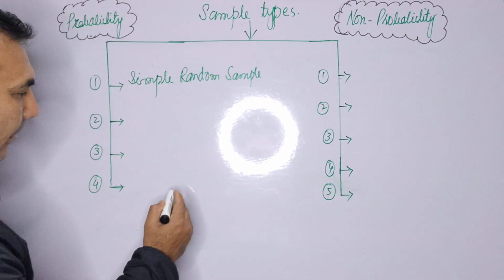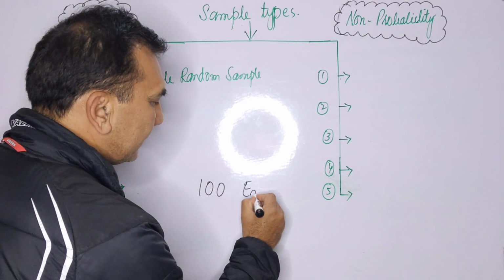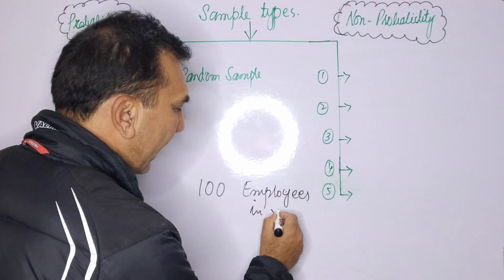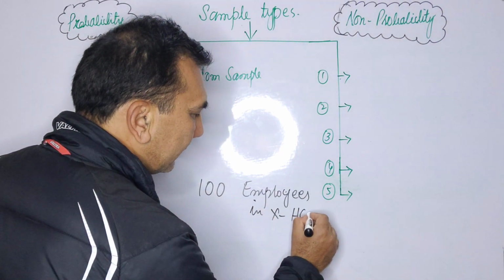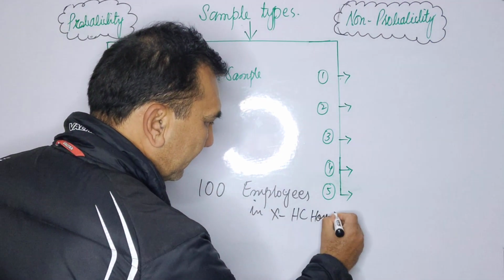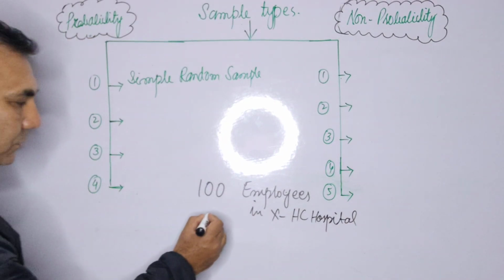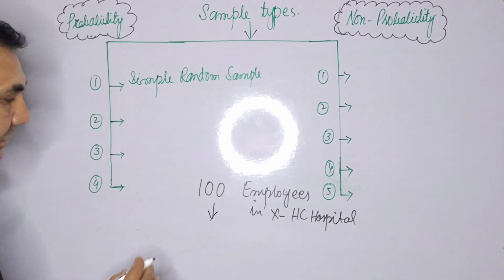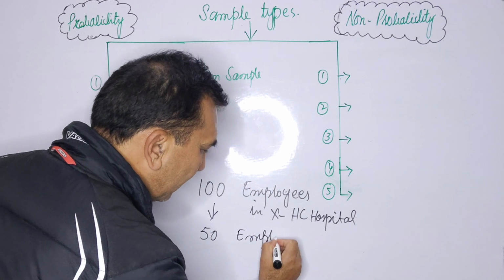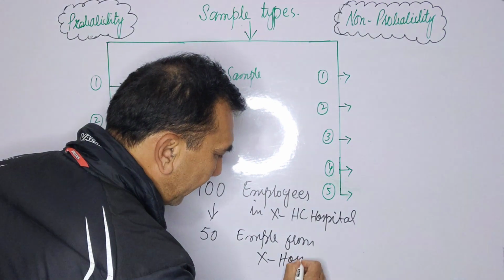Okay, suppose 100 employees are working in X hospital, a healthcare hospital. A researcher wants to randomly select 50 employees from X hospital.